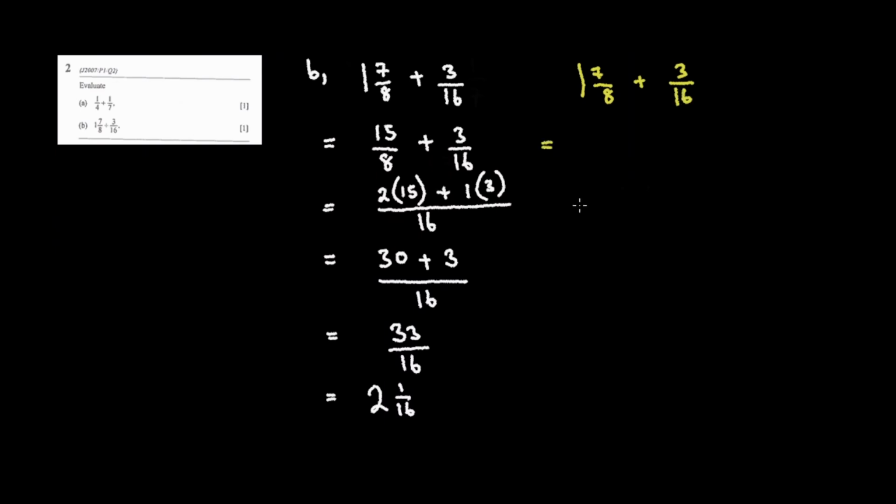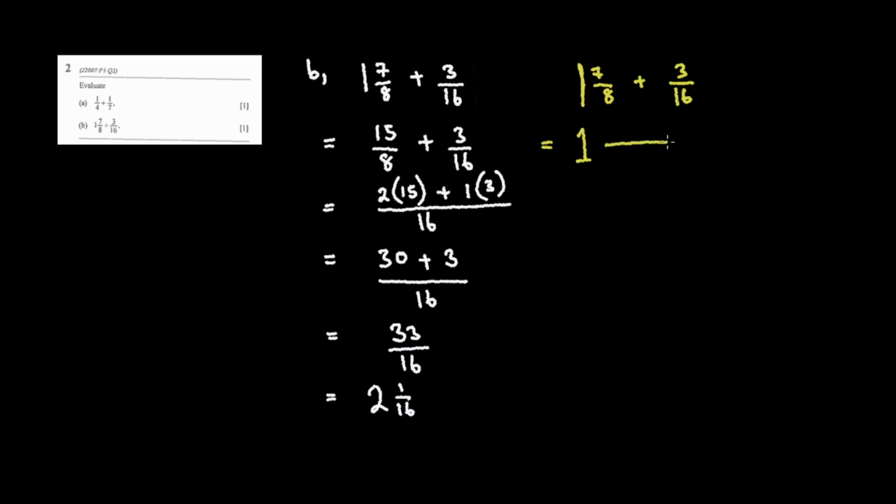What we do is, we are going to firstly add the whole number part. So here we have 1 and here we have nothing. To mean it's going to be 1. So we have added the whole number part to separate the fractions.